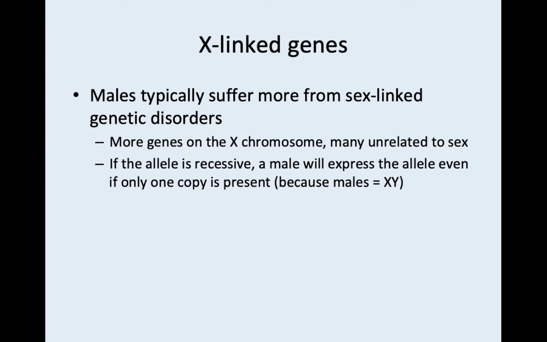You need both of those alleles to be broken in order to see that mutant recessive trait in your phenotype. But for males, if the gene is X-linked, and they inherit an X with a mutant allele in it, well then they're going to get it because there's no other X, there's a Y instead.